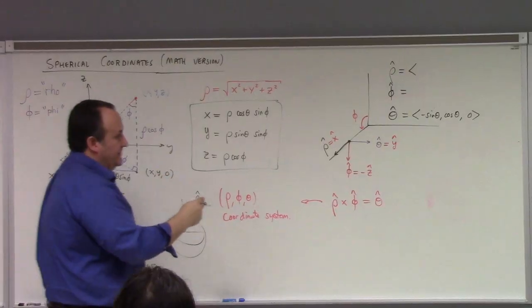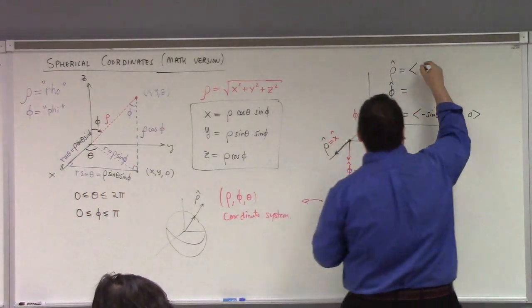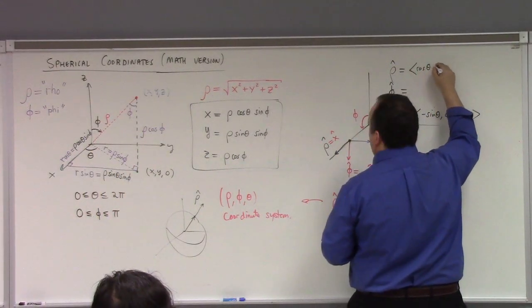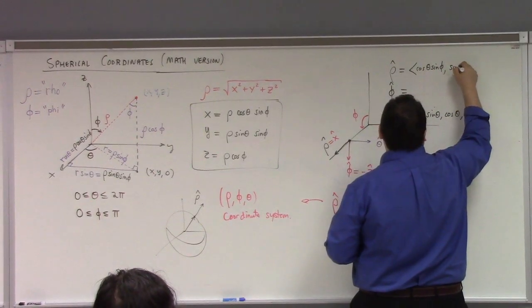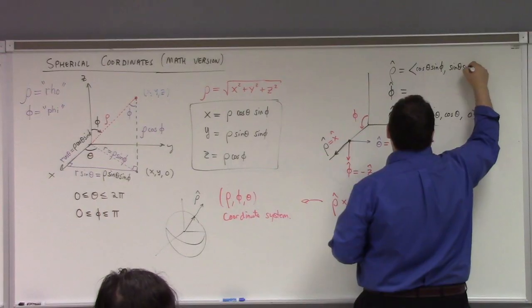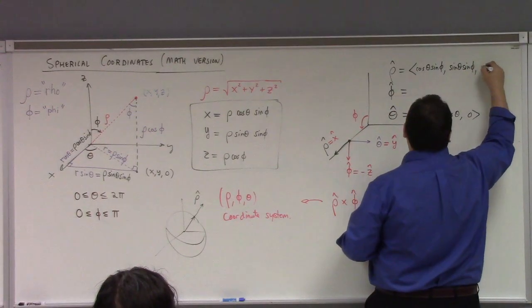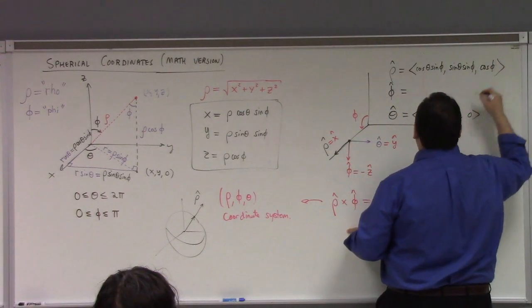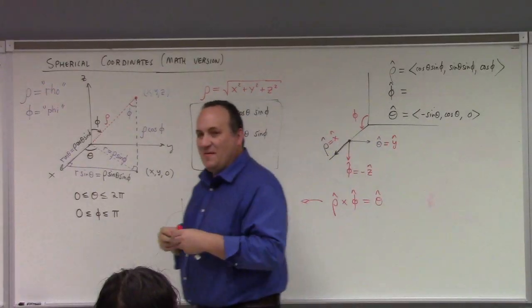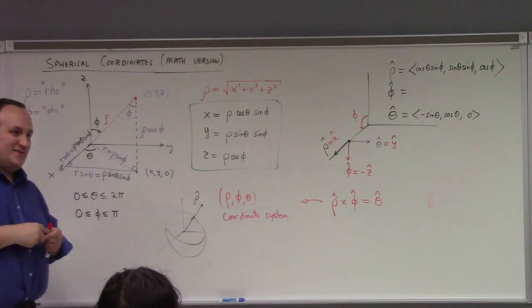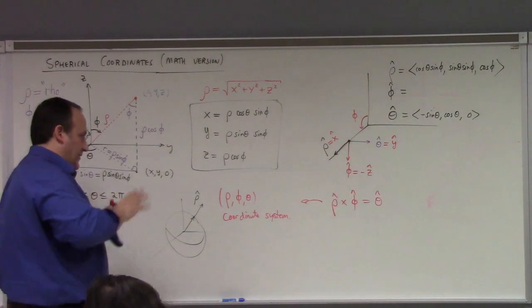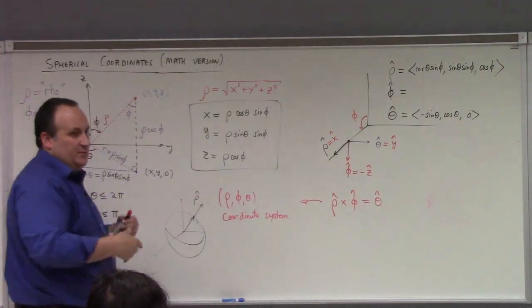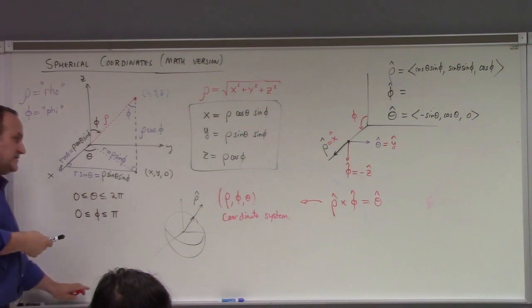And as such, rho hat, we can understand geometrically as simply cosine theta sine phi, sine theta sine phi, and cosine phi. Now the phi hat, I don't remember off the top of my head. I always have to look that up. We'll get back to the phi hat when I get the projector out here in about 3 minutes.